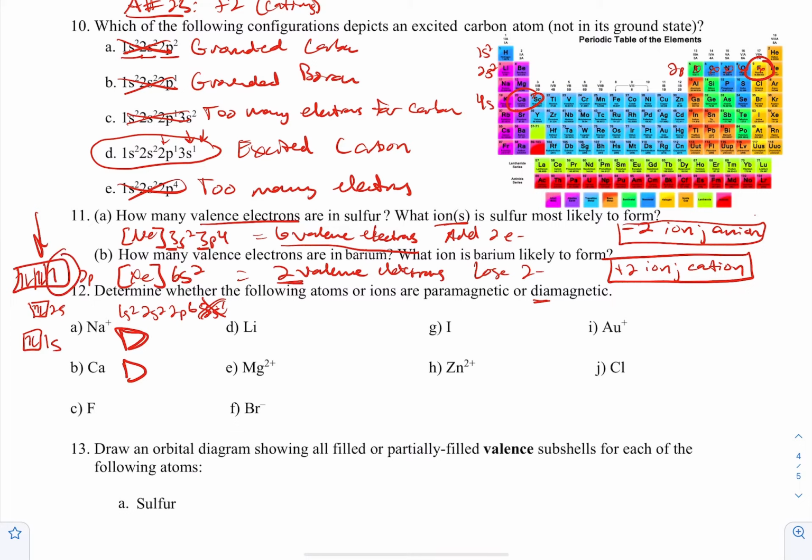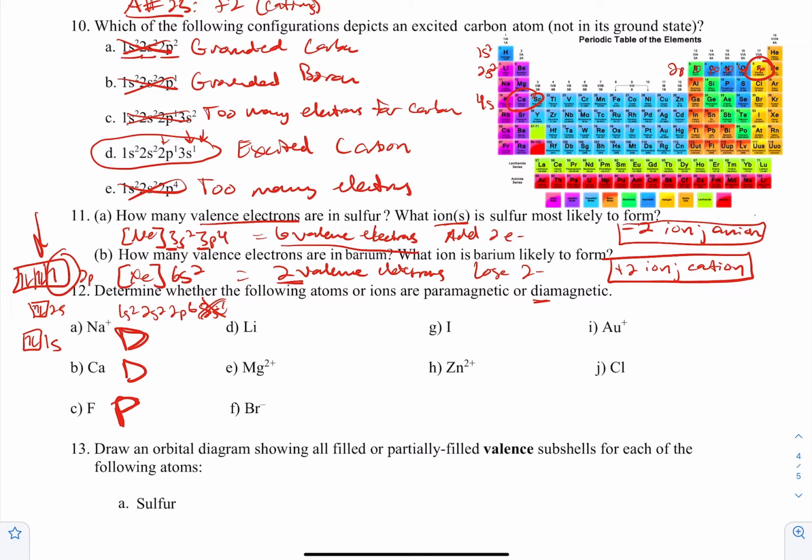So I've got this guy unpaired, right? If this was F minus, this would be considered paired, right? They would all be paired. But because they're not paired, this is going to be paramagnetic, okay? So that means there's at least one unpaired electron in the atom, in the electron configuration.